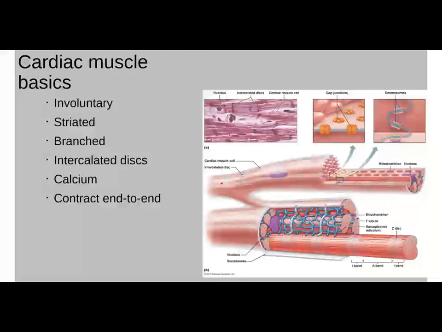It's kind of Y-shaped, and the muscle cells are very short, and they join end to end at intercalated discs, as we talked about back in chapter 4. Calcium, still maybe a little bit of it will come from this very underdeveloped sarcoplasmic reticulum, but most of the calcium comes into the cell from the outside.